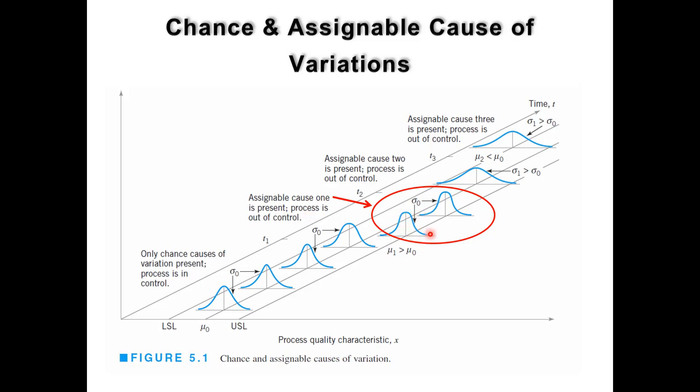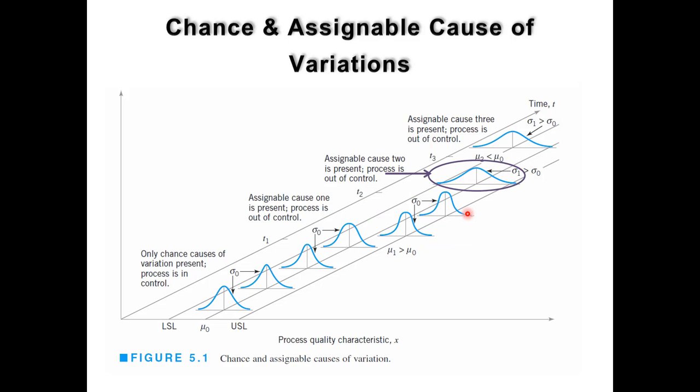These two data distributions clearly show the presence of assignable causes which have made some points lie above the upper specification limit.